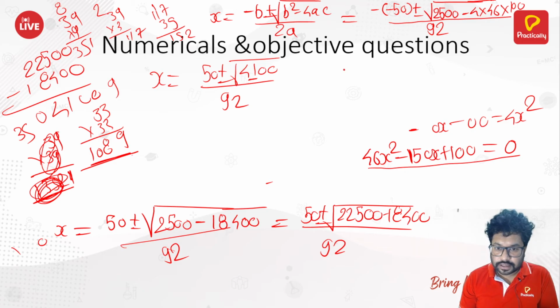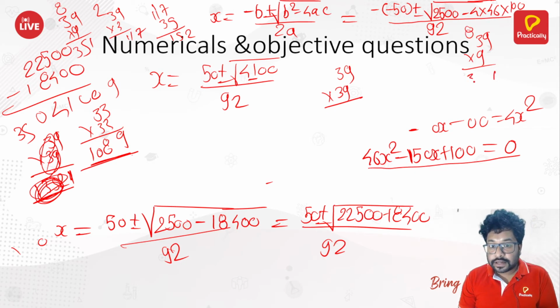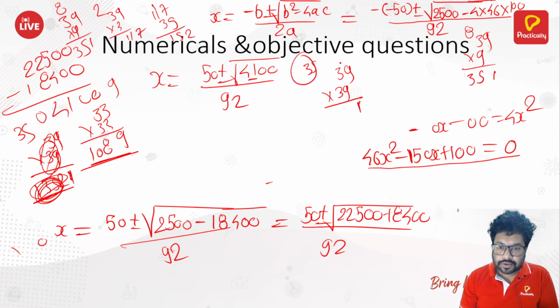Maybe then 38, 39 into 39. Let's calculate it once again. 9 nines are 81. You got 8 carry here. 9 threes are 27. 27 plus 8, 35. So you get 1 here and 35 carry forward.